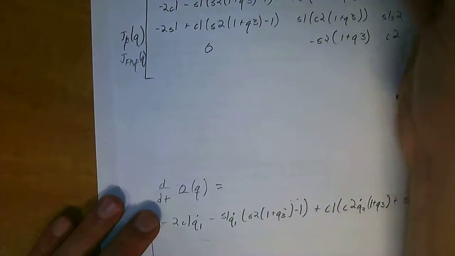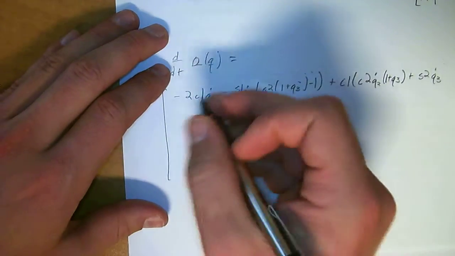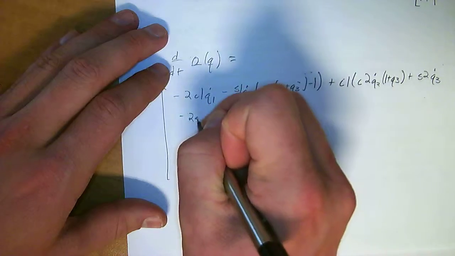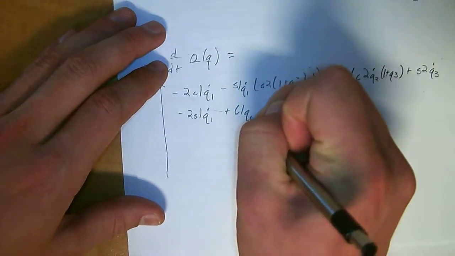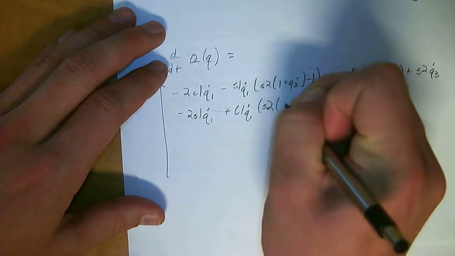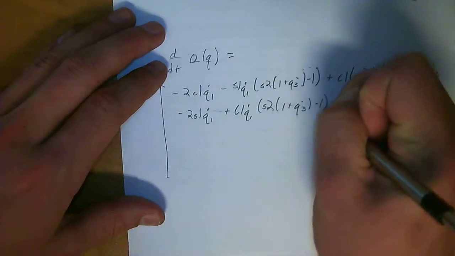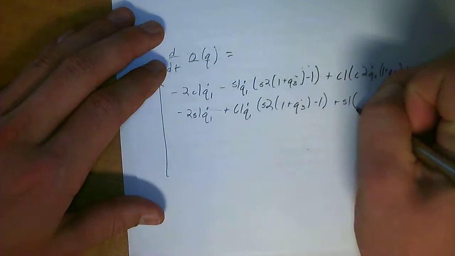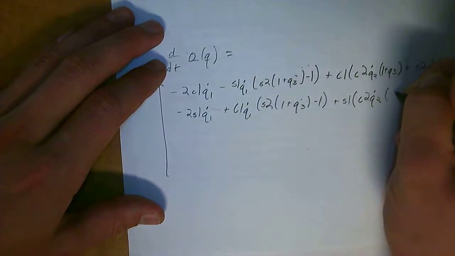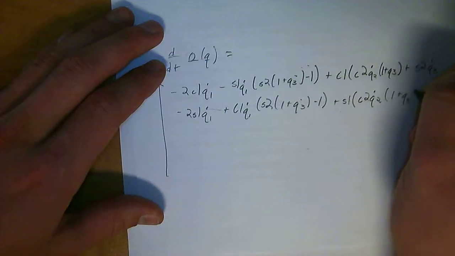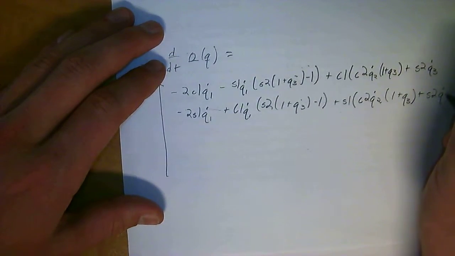So finishing this out: minus 2 sine 1 Q1 dot plus cosine of 1 Q1 dot sine of 2 of 1 plus Q3 minus 1 plus sine of 1 C2 Q2 dot of 1 plus Q3 plus sine of 2 Q3 dot.